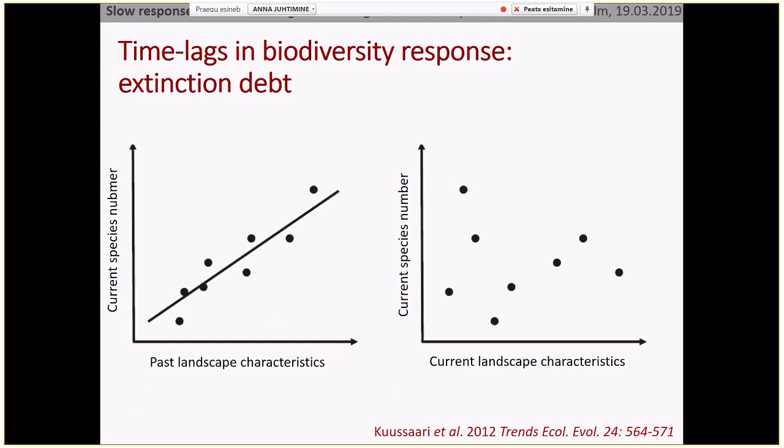So if we currently see that the current species number is better explained by past landscape characteristics, let's say whether it is past habitat structure or past management scheme rather than current ones, then we might have witnessed something that is called extinction debt.